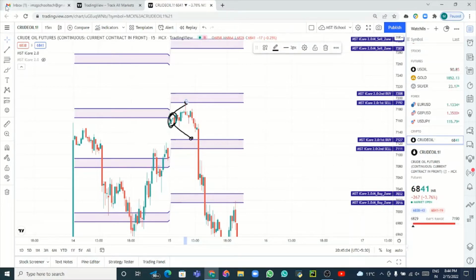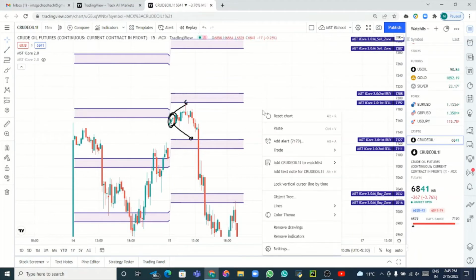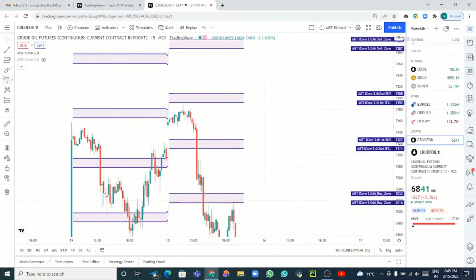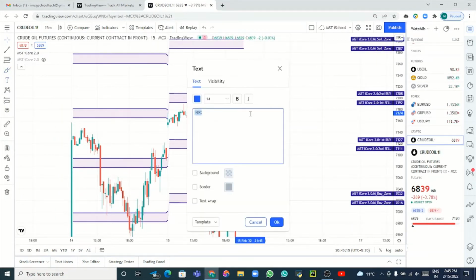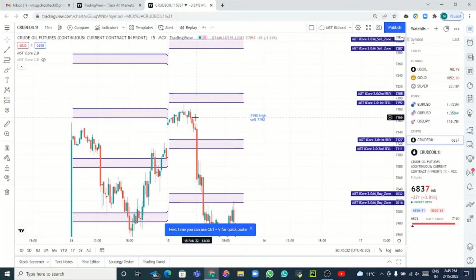Okay, how to consider this level now? See here, 7190 is the high made, and our sell entry was 7192. So market has made only the high of 7190. So in the next candle, whatever is the high is made.